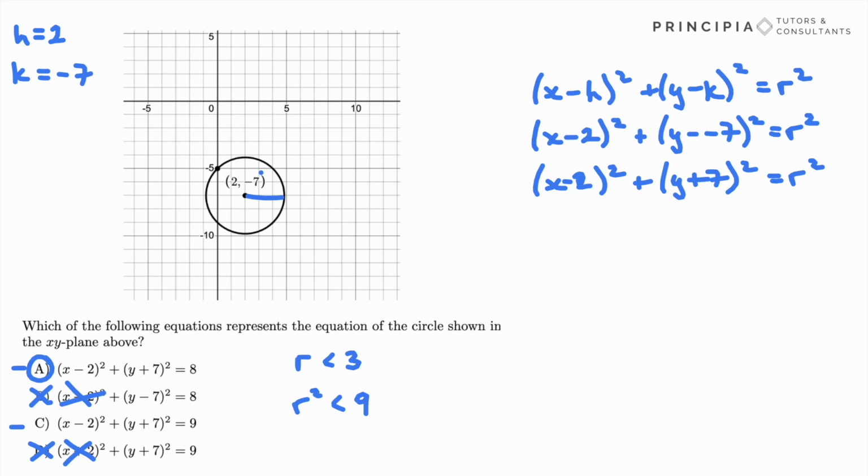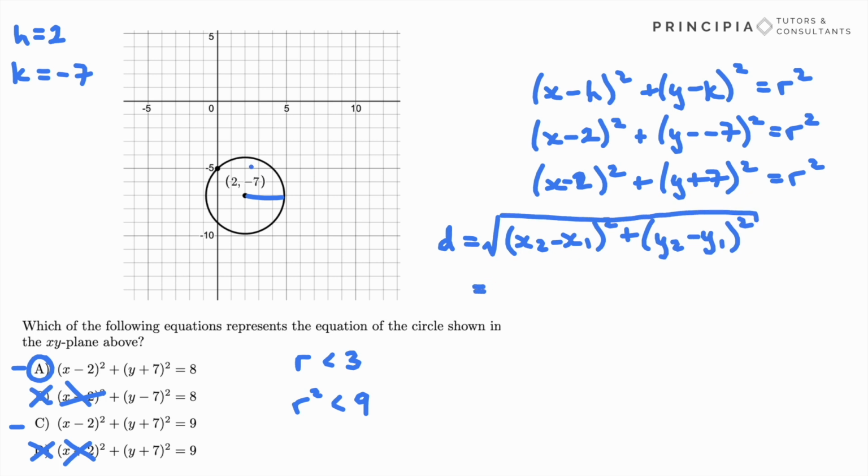As I said, another way of doing this would be to find the distance between these 2 points, and we would need to remember the distance formula. So let me choose 2 and -7 as my x2, y2, and 0, -5 as my x1, y1.